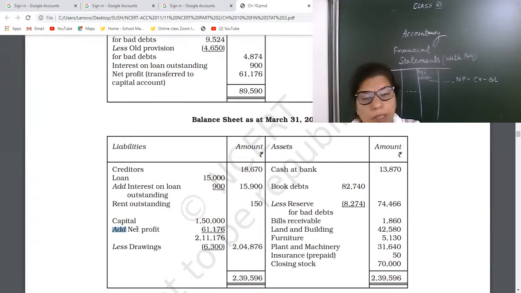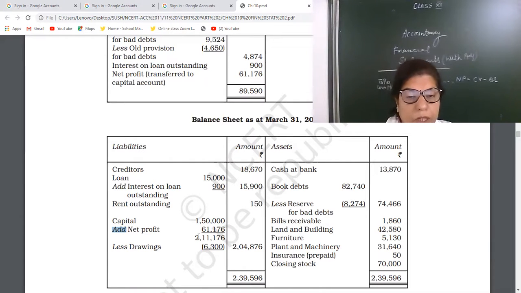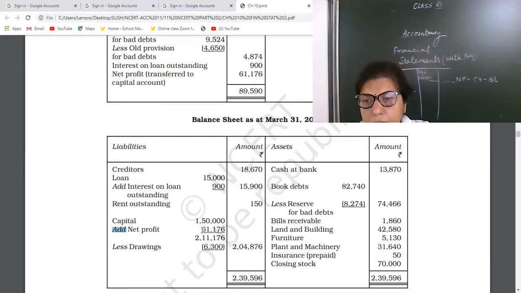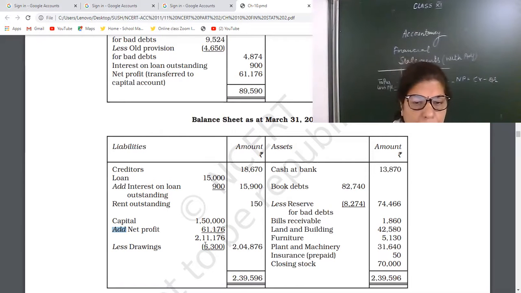So the capital increased, net profit should be added in capital. Capital increased by the net profit. If there is net loss, it should be subtracted, because loss is the reason for decrease in capital. Then drawings should be subtracted, because drawings means the amount withdrawn by the proprietor.